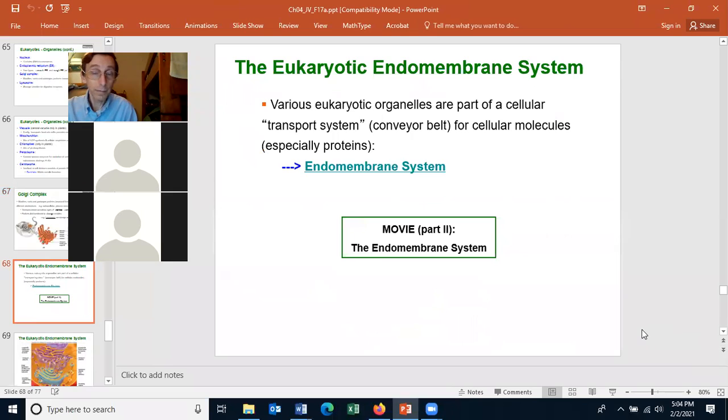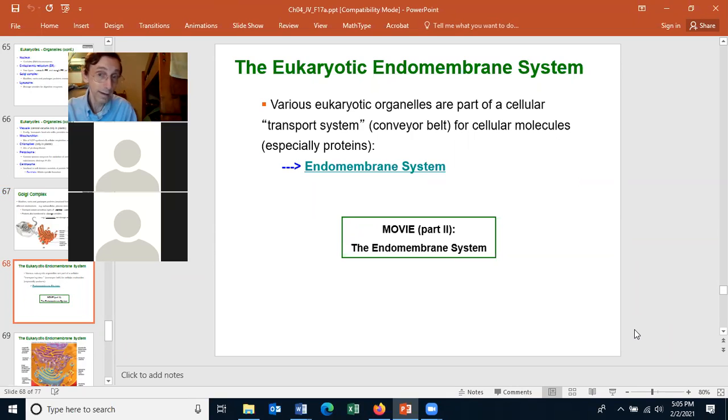The Golgi complex, the endoplasmic reticulum, and the vesicles all together make up the endomembrane system. It's various eukaryotic membrane-bound organelles that are responsible for the cellular transport system, making a conveyor belt for molecules moving around in the cell.